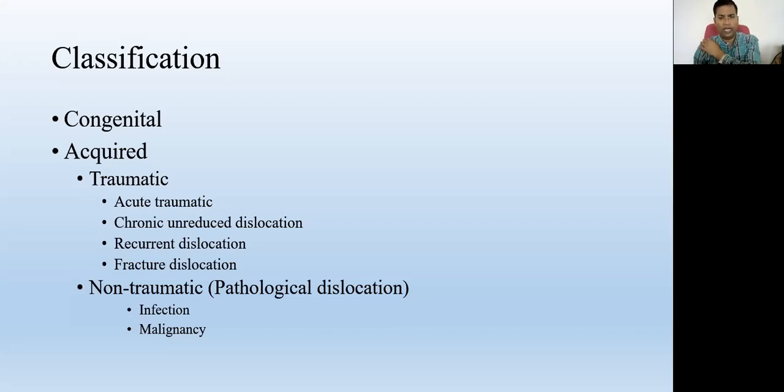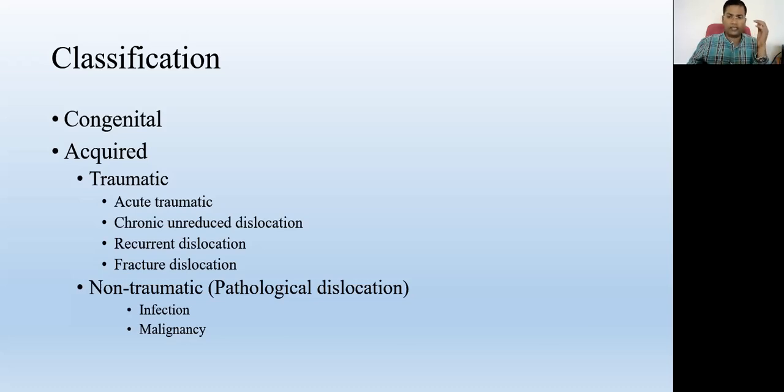Some ligaments and muscles attached to the joint capsule make it stable, but once the shoulder joint is dislocated, the capsule is ruptured and the ligaments and muscles are weakened. If it is not repaired, any minimal trauma can cause dislocation of the shoulder joint again. That condition is called recurrent dislocation.